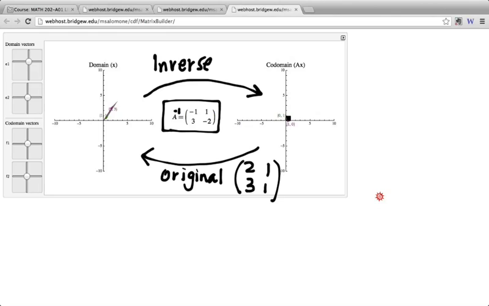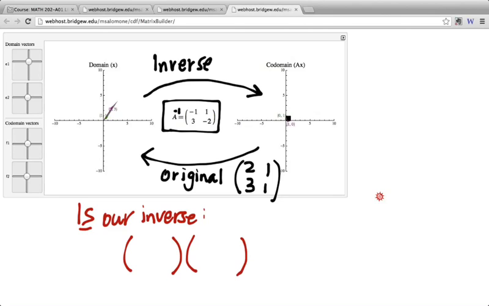We have to talk about how to compute that for ourselves, but before we do that, let's just do the little exercise of verifying that this really is our inverse. And how do you verify that two matrices are inverse to one another? Just multiply them.